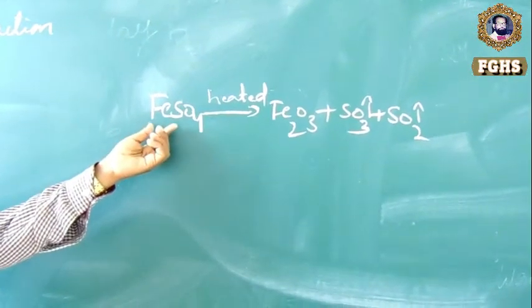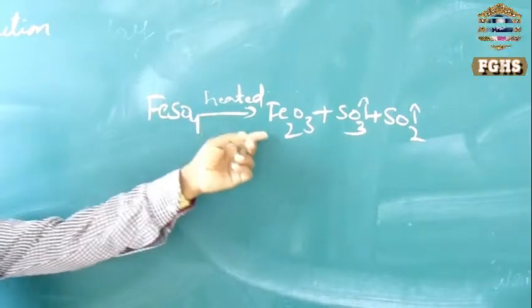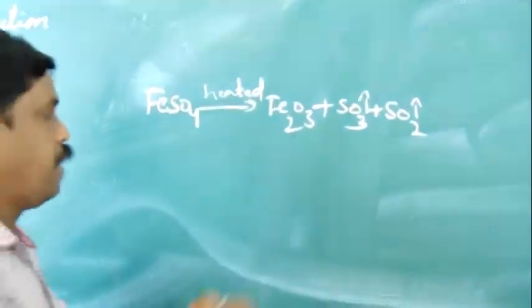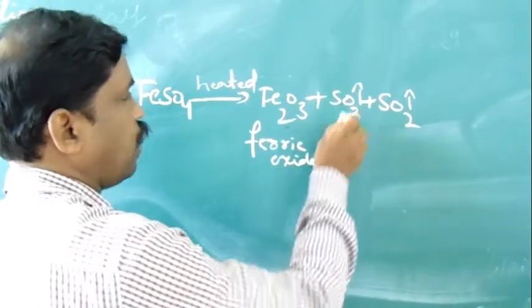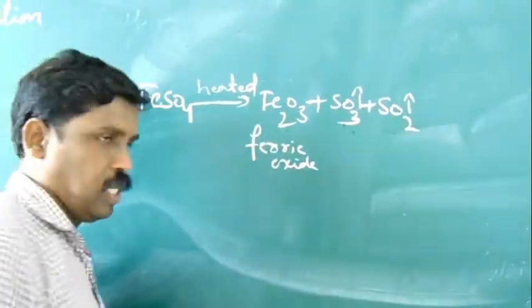When ferrous sulfate is heated, it gives ferric oxide, sulfur dioxide and sulfur trioxide.